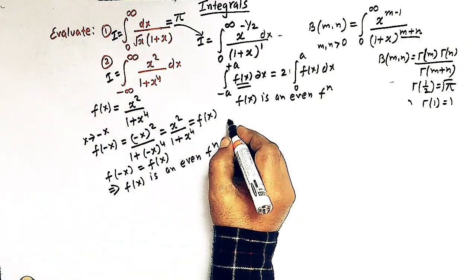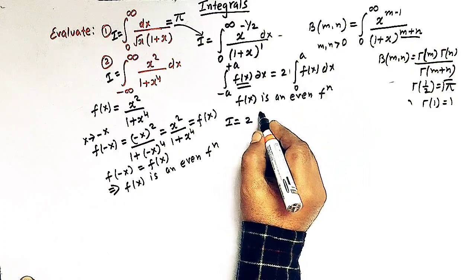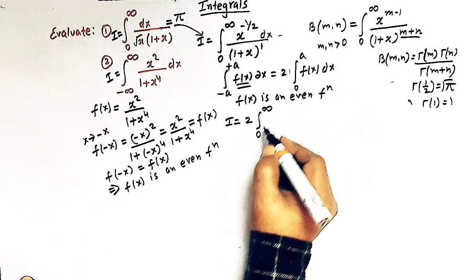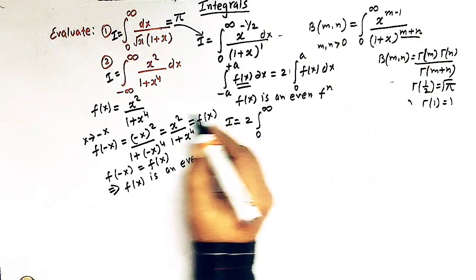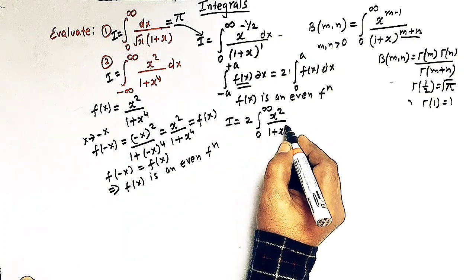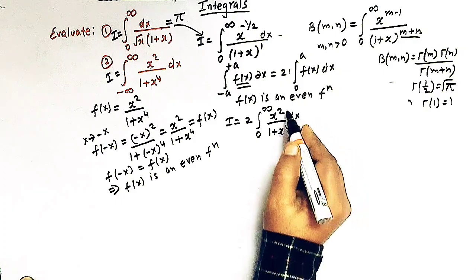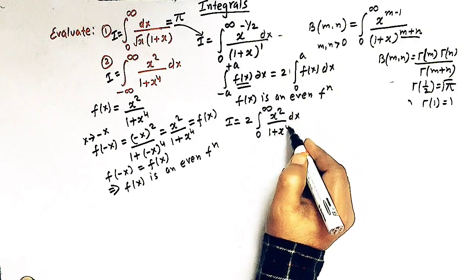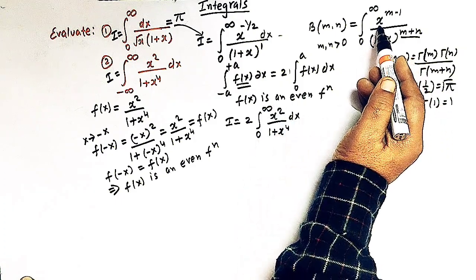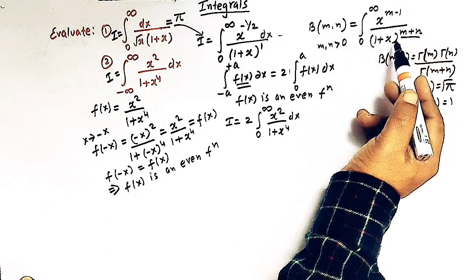So now this integral I can be written like this, that is 2 times the limits from 0 to infinity, and f of x is x square over 1 plus x raised to 4 and dx. Now we have to convert this integral into the beta function, that is into this form.